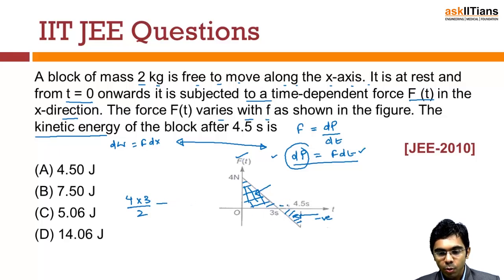This will be minus 3. This distance is 1.5, and this is given to us as minus 2. Sorry, this was misplaced actually.